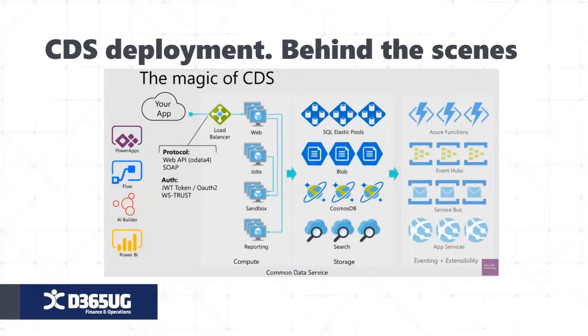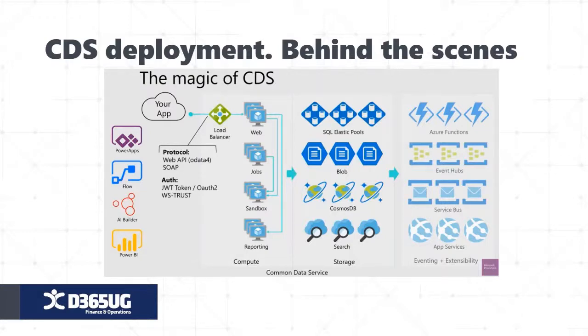Now, when we found out what CDS is, let's take a look at what happens when you deploy an instance of CDS. Of course, the users and even tenant admins have no control over the deployment process, obviously. And I suppose the scale of that deployment depends on the number of company licenses, right?